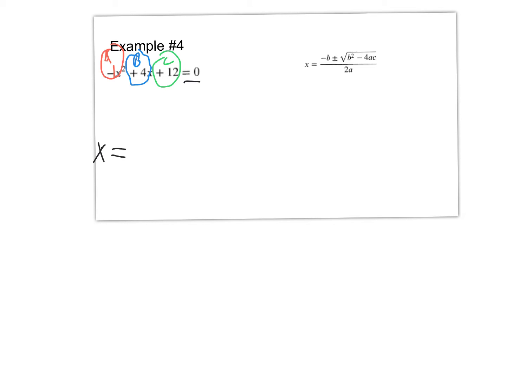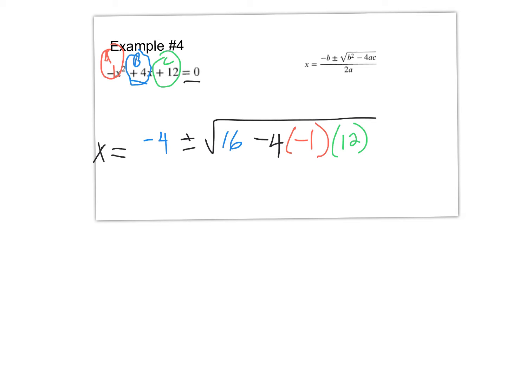So negative +4 is going to be negative 4, plus or minus radical b squared. 4 squared is going to be 16, minus 4 times my a value, which is negative 1 this time, times my c value of 12, all divided by 2 times negative 1.